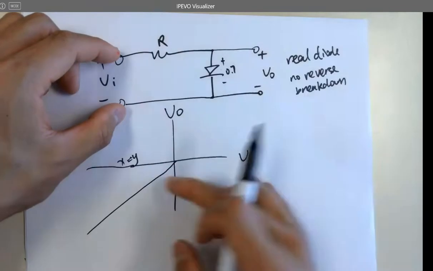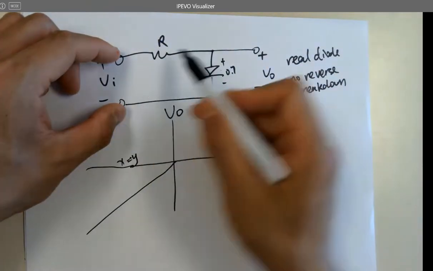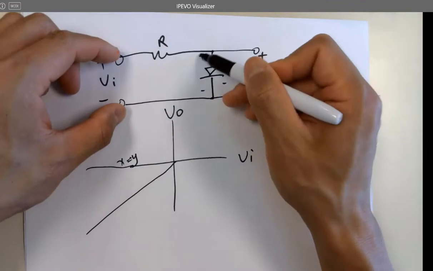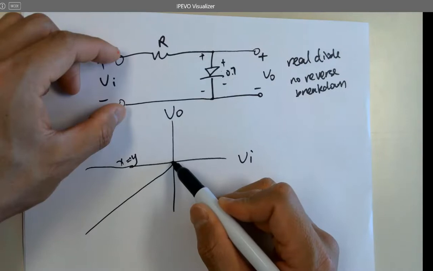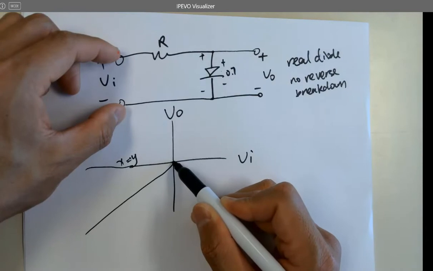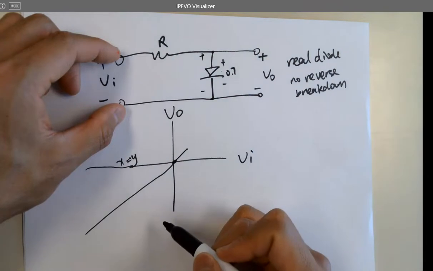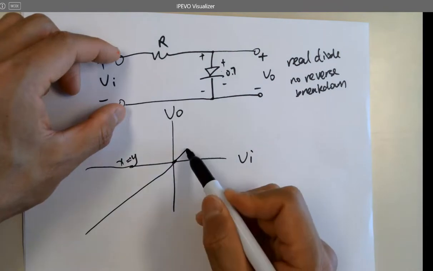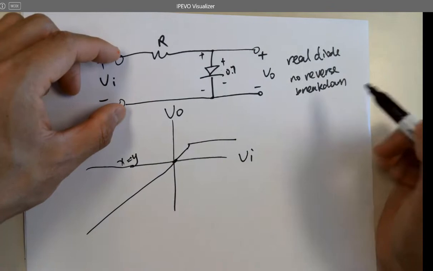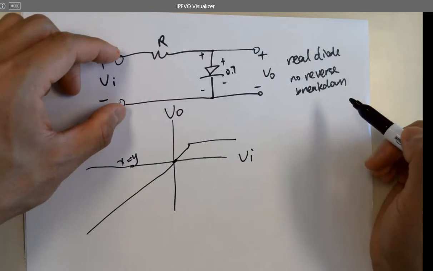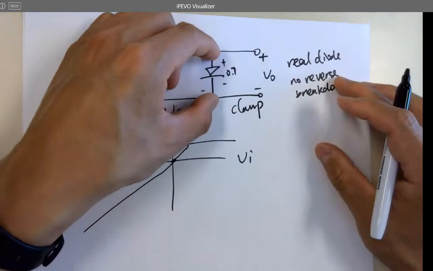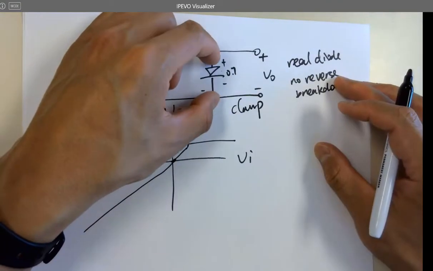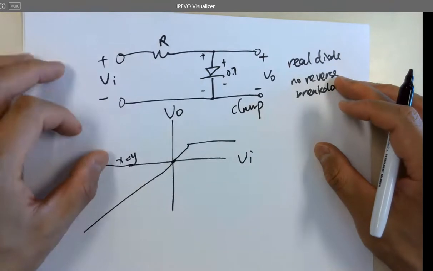Okay. What about here? VI starts to increase the voltage. Start biasing the diode. Before 0.7 volts, it's linear, right? X equals Y. Whenever it reaches 0.7 volts, this diode is going to clamp the two nodes at 0.7 volts. So what's happening here?